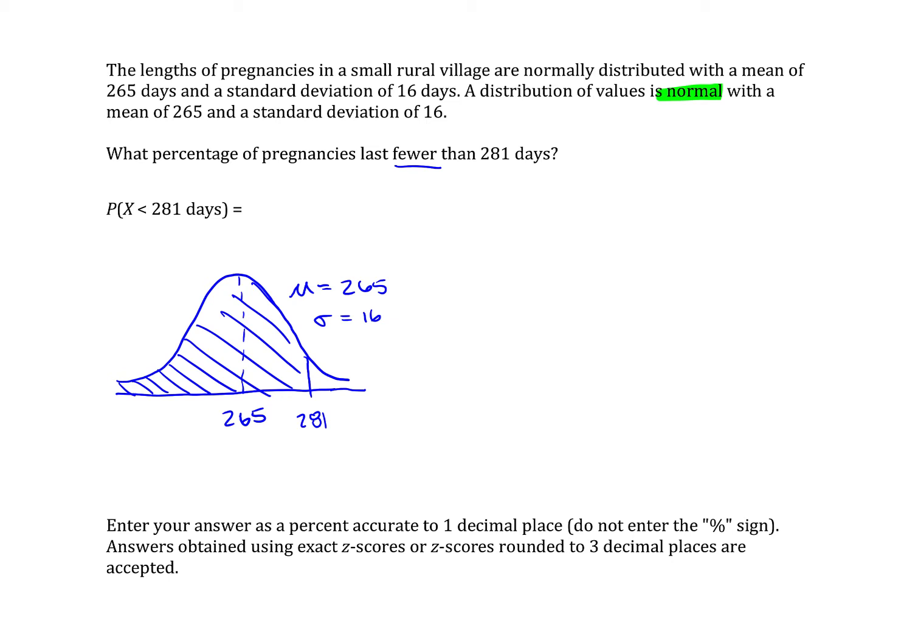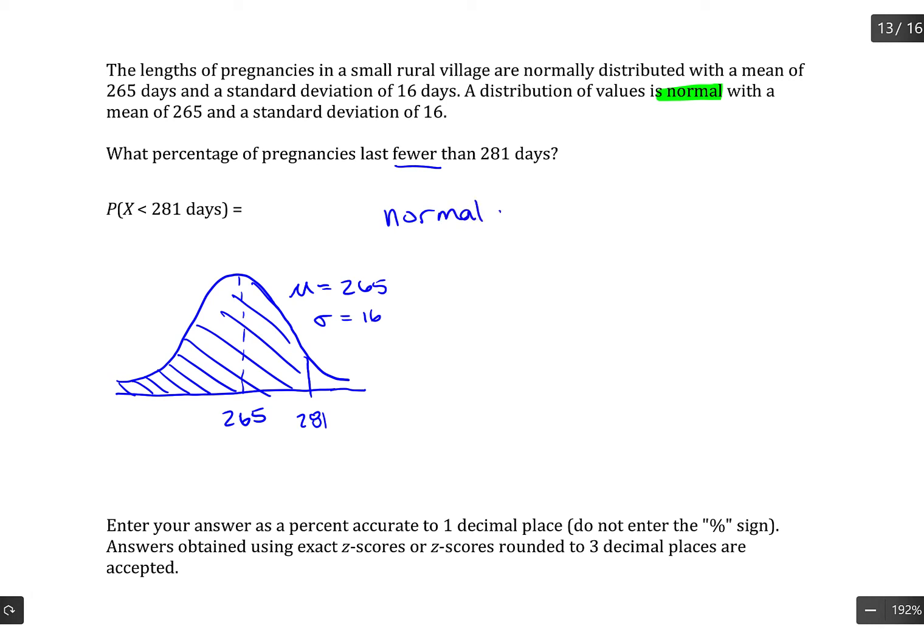So there's no real great place to say what the value right before 281 is, because it's not on a discrete scale, it's on a continuous scale. So you just leave 281 as the input. And also the probability of 281 itself is 0. Anytime you do the probability of just a single point in a normal distribution, it's just 0. So don't try and change that.